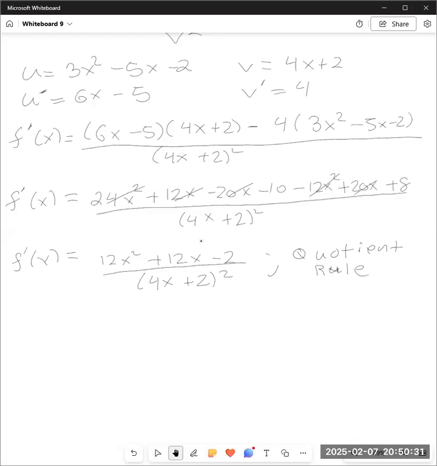I think that's the end of our mixed practice problems. We'll come back next time and find the equation of the tangent line. And we're going to be using the product and quotient rules to do that.